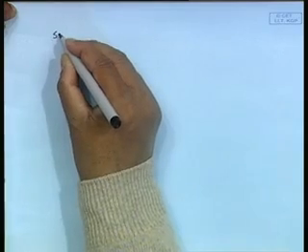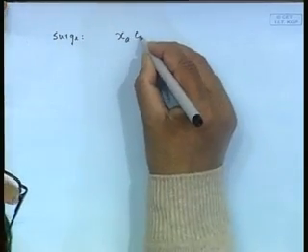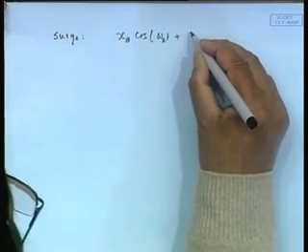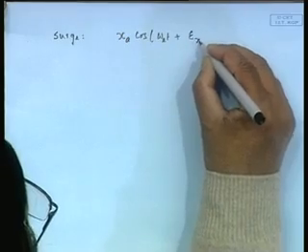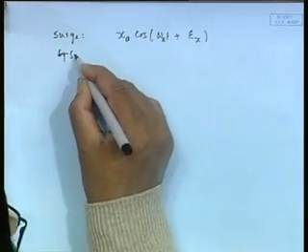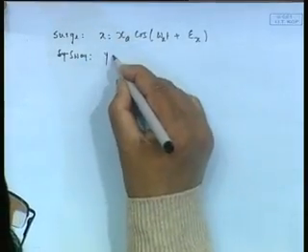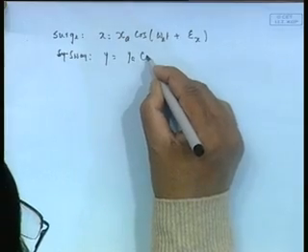In fact, I will just elaborate on that. For example, we will have a surge motion which I can call x a cos omega e t plus a phase angle, and similarly y equal to y a, etc. Let me write it down.